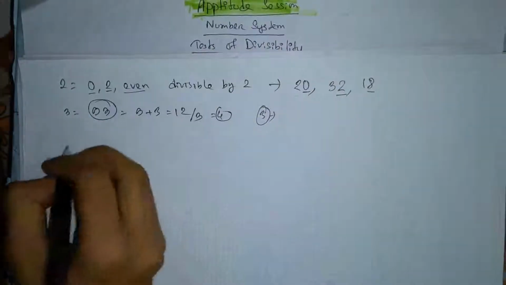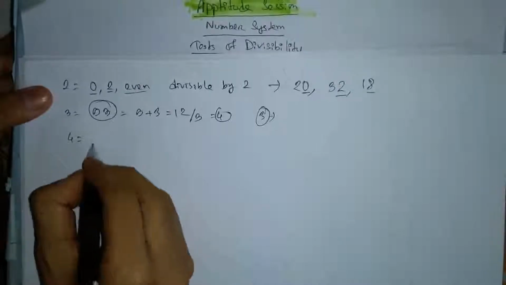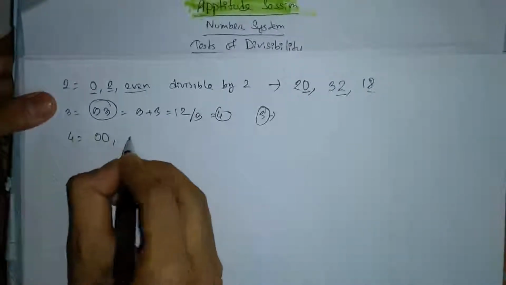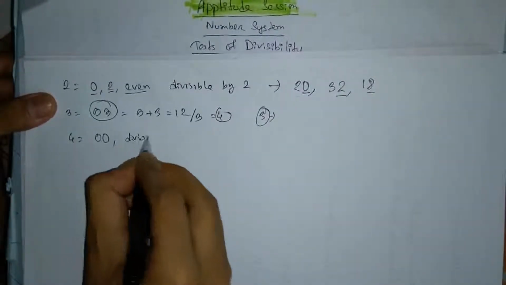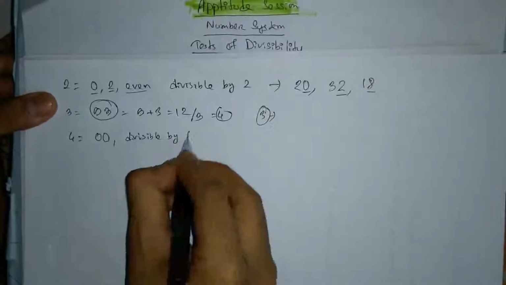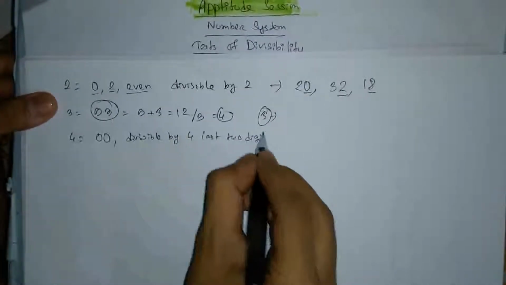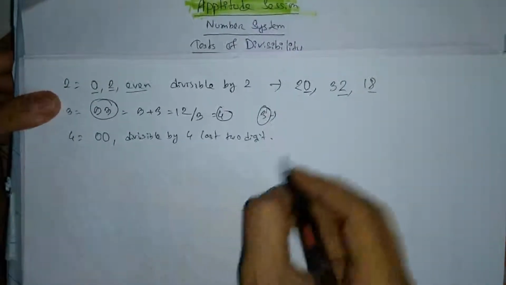In case of 4, if the last 2 digits of a number are 00 or form a number divisible by 4, then the number will be divisible by 4.